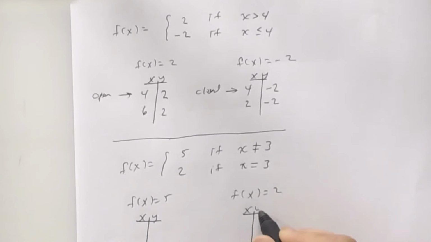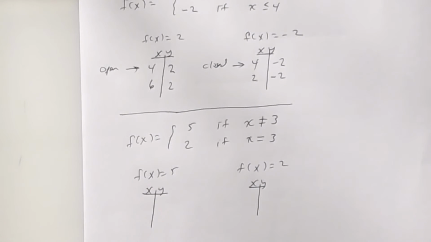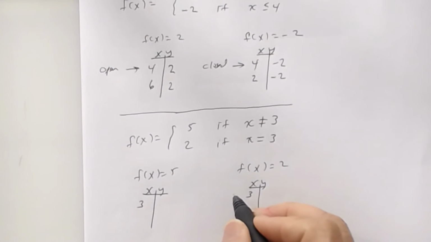Now you're going to have to be a little bit careful with this one. Let's talk about x equals 3. If x is 3, I'm going to put 3 in both cases. Which one's closed? The bottom one, right? Because that's the one that says equal.